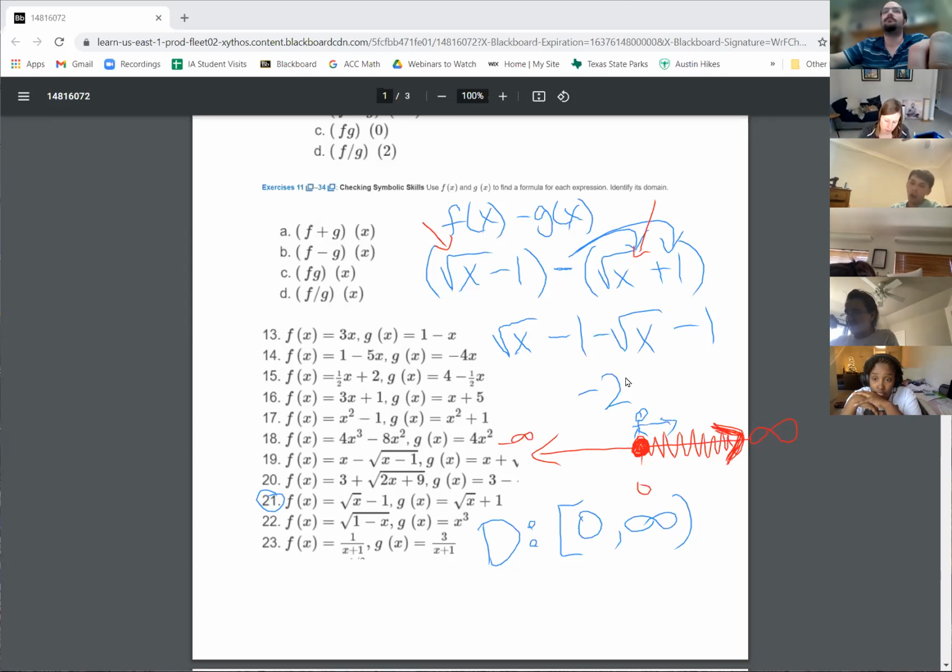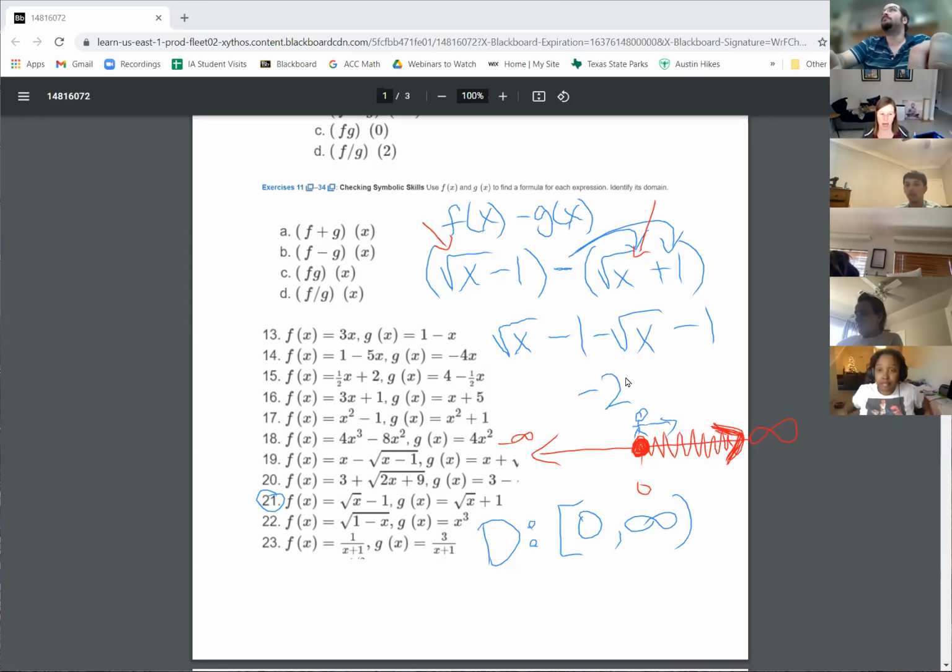You want to do it from when you first plugged in your f of x and g of x, before you simplified anything. So the original equation? Yeah, before you simplified. So when you had square root of x minus 1 minus parentheses square root of x plus 1, that's where you want to see if there were any restrictions. Doesn't matter what my results are, right? Exactly.